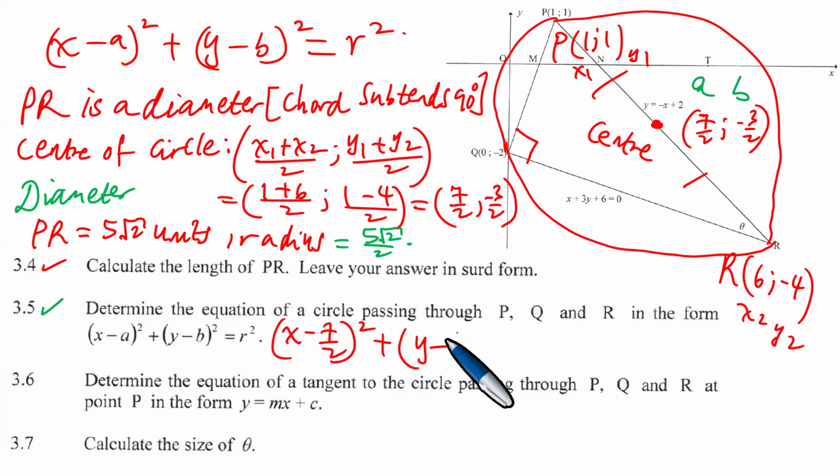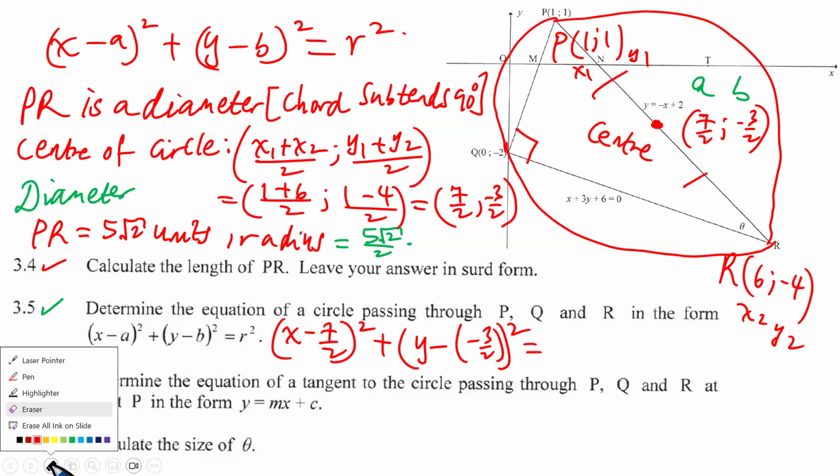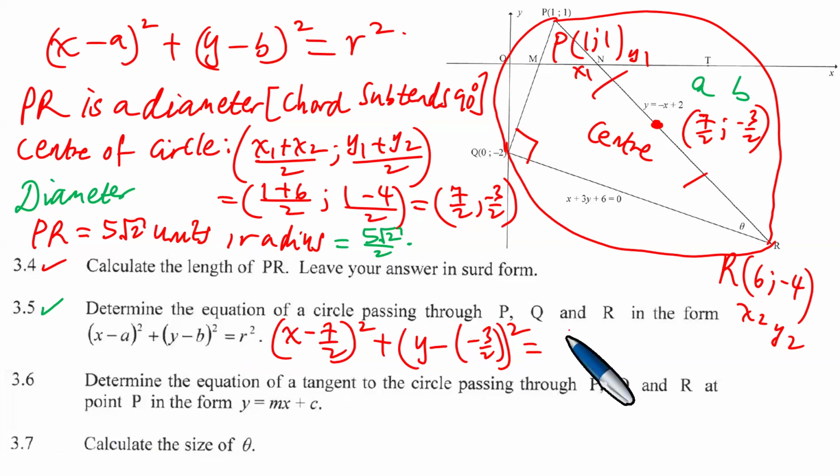We put a minus here, and this is exactly -3/2. You square this, and it equals r squared, the square of the radius. The radius is 5 root 2, so we can write that down: 5 root 2. You square everything.